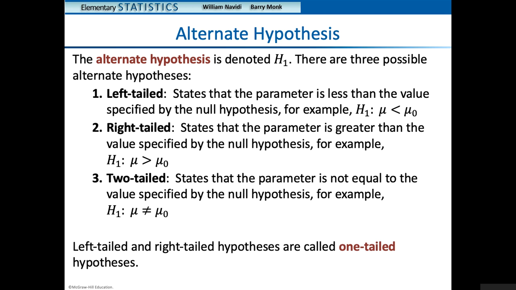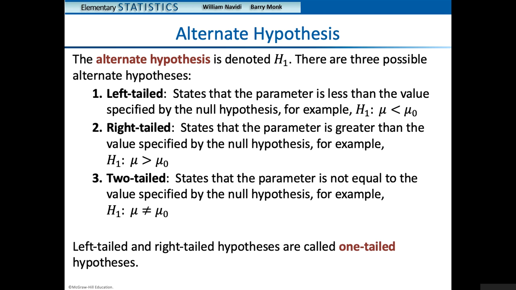And then a two-tailed test states that the parameter is just not equal to the value specified by the null hypothesis. It doesn't denote whether it's greater than or less than, but just not equal to. And the way we state a not equal to relationship is an equal sign with a slash through it. We'd write that as mu is not equal to the specified value, mu sub 0.